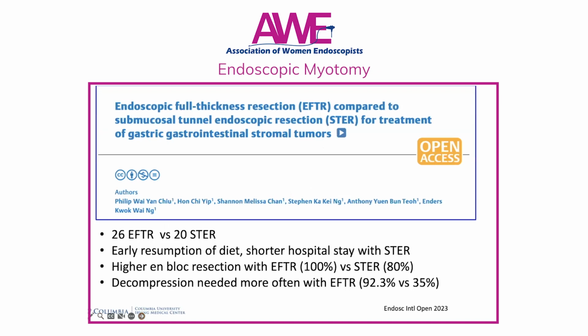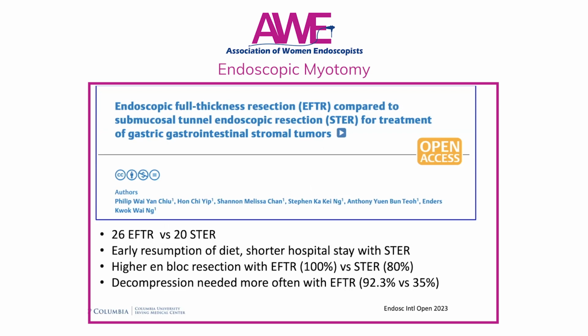And then in a recent comparative, prospective study, EFTR was compared to STER. So the exposed technique was compared to the tunneling technique specifically for GIST. 26 patients in the EFTR group and 20 in the STER group.